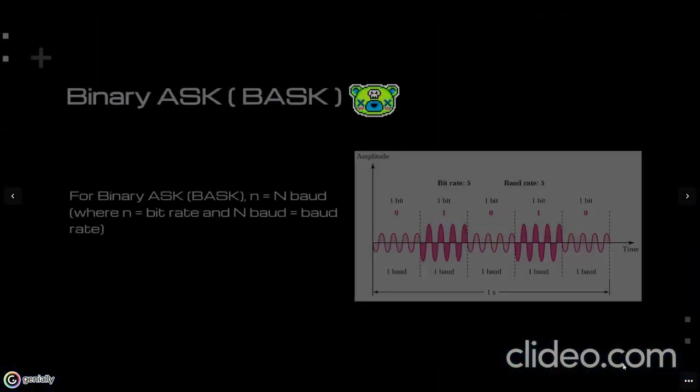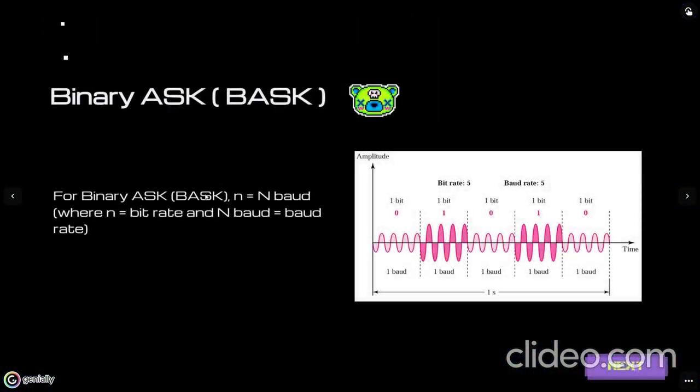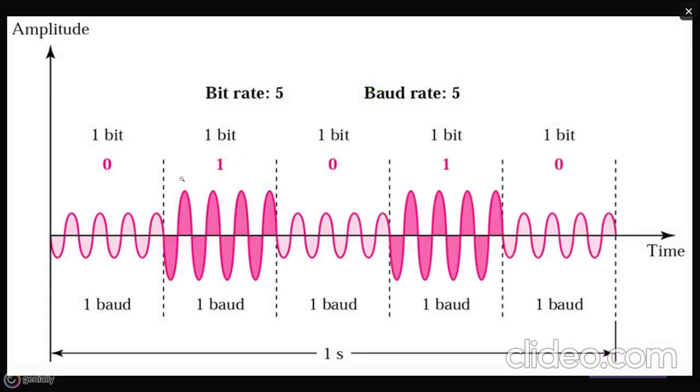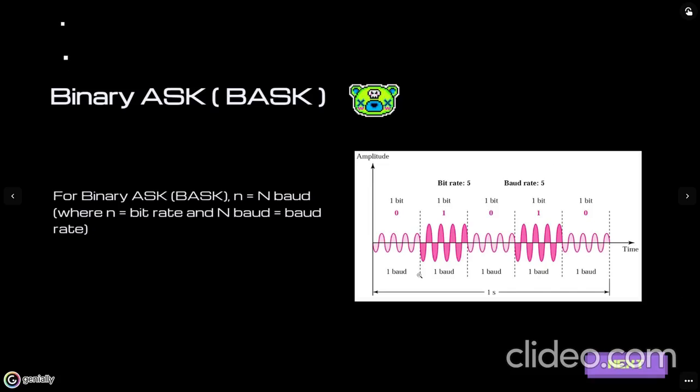Next, we have binary ASK. The equation is lowercase n equals uppercase N baud, where the lowercase is the bit rate and the uppercase is the baud rate. So this is an example of an ASK waveform. Here the bit rate is equal to the baud rate.